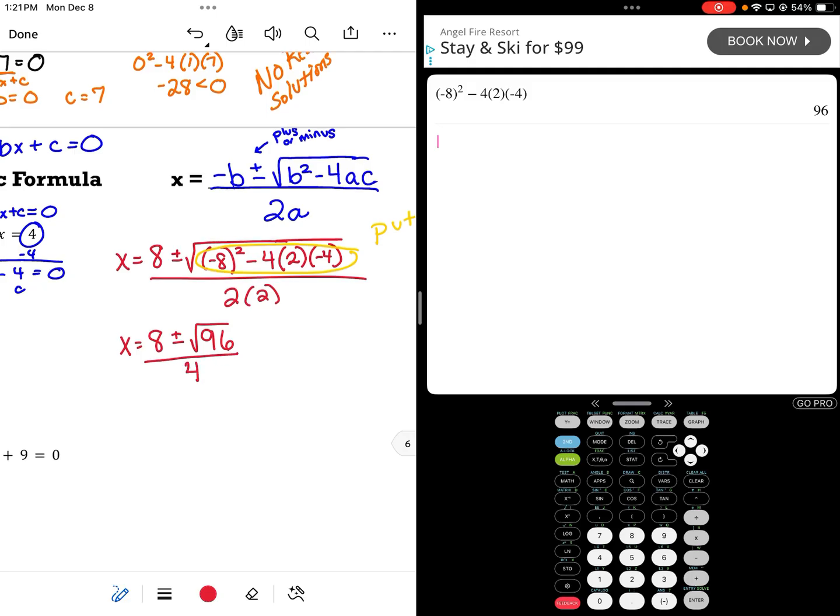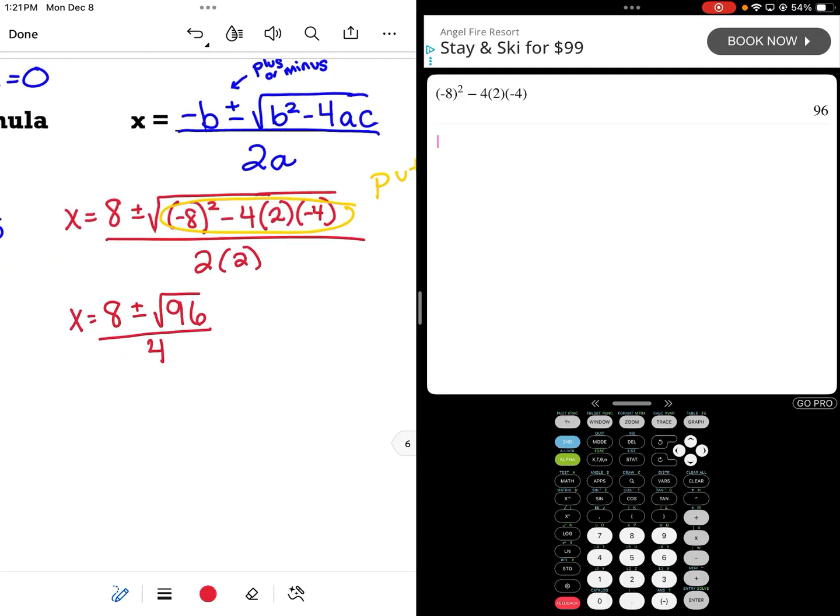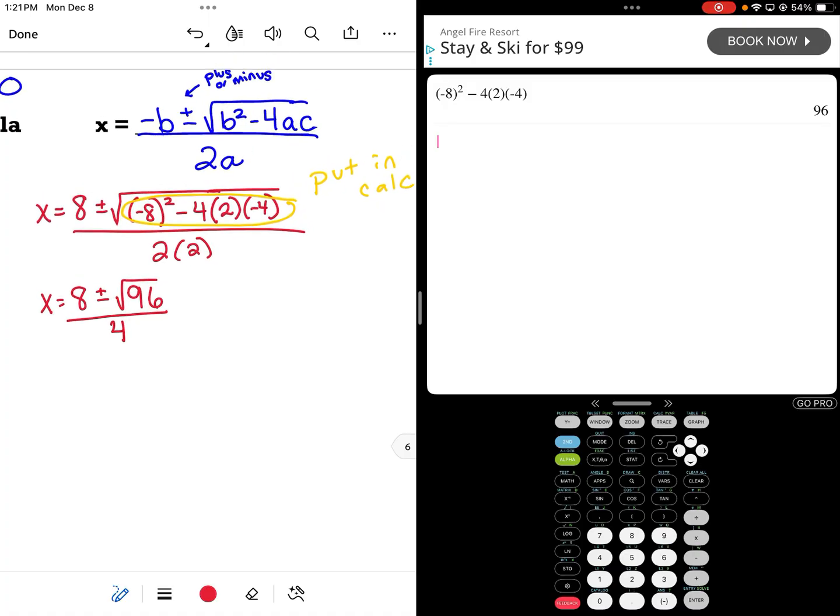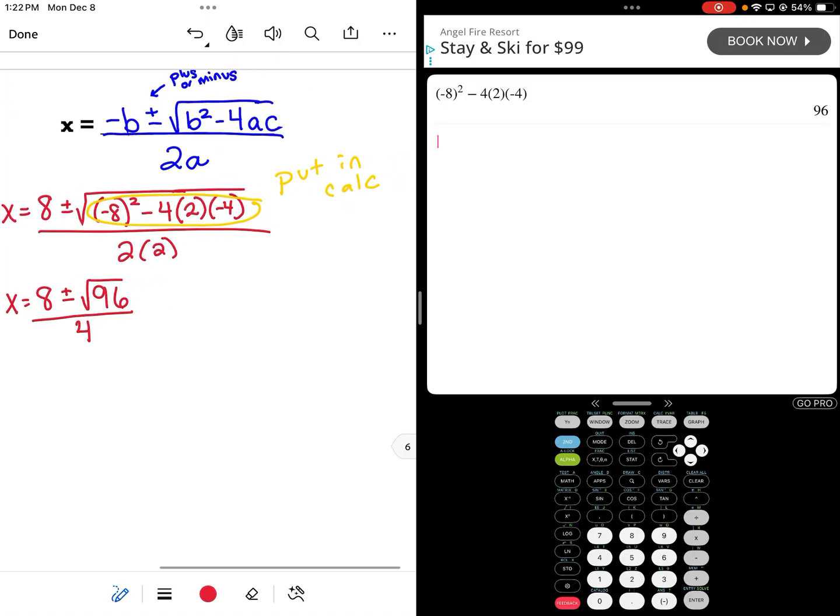Over 2 times 2, which is 4. All right, so that looks good. Now we just need to simplify. So last week we simplified radicals. So this 96, we need to simplify.